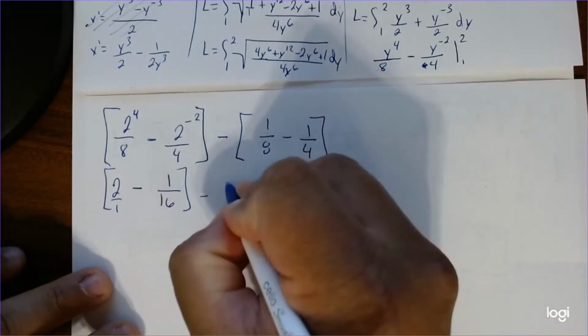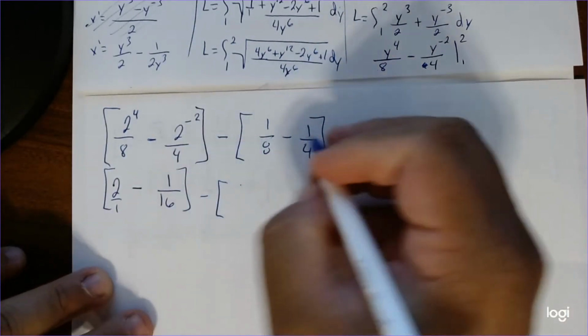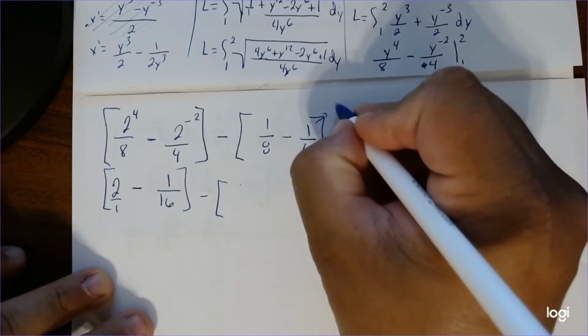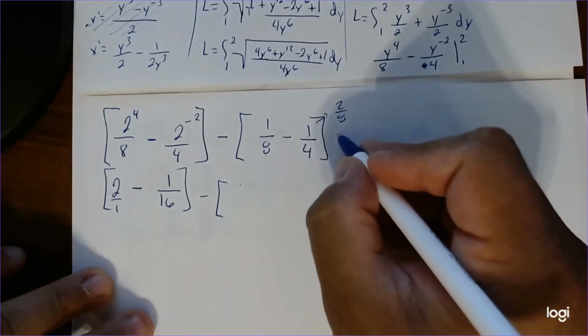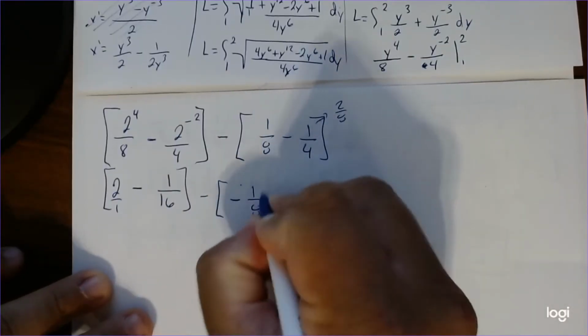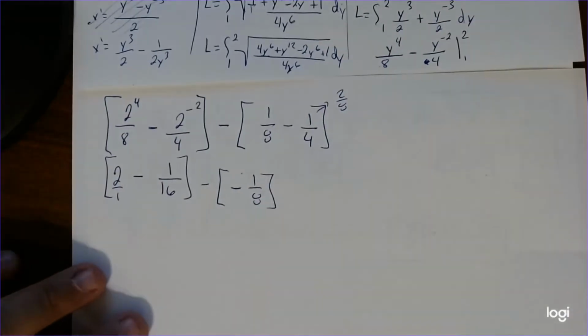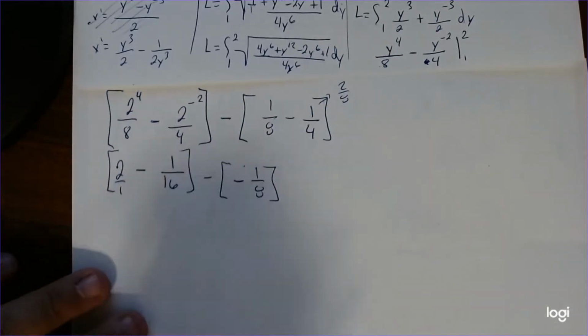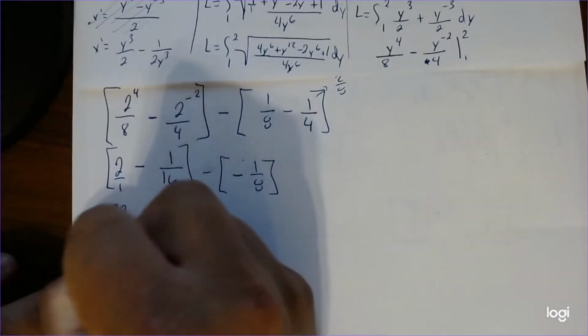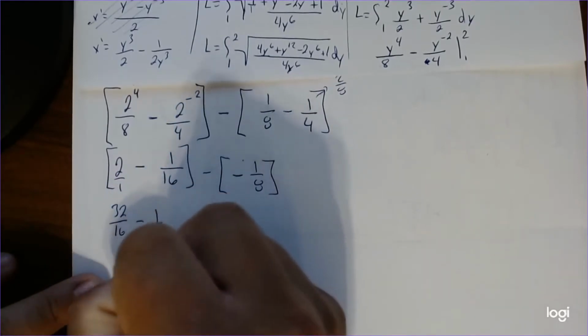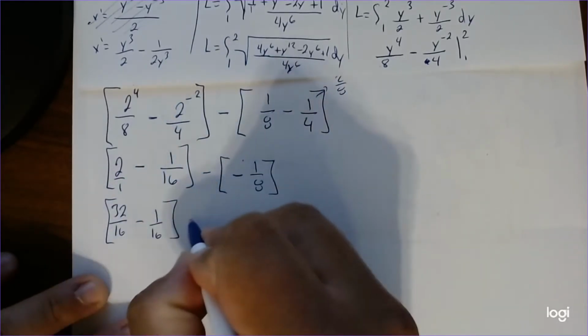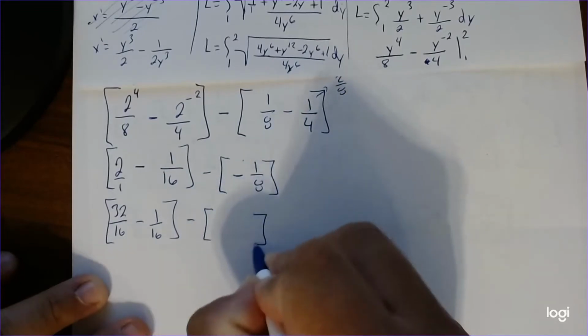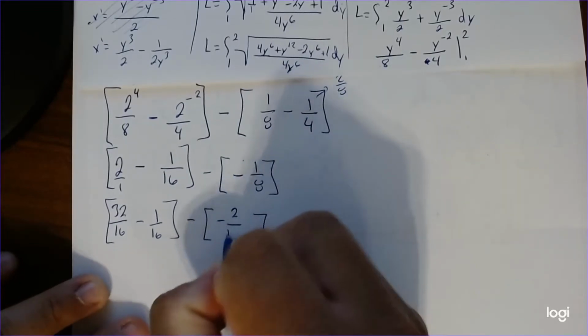And over here, putting these together, this is going to be 2/8, so it's negative 1/8. Keep going. This is 32 over 16. And I'll also do this in 16 as well to make it easier. This is negative 2 over 16.